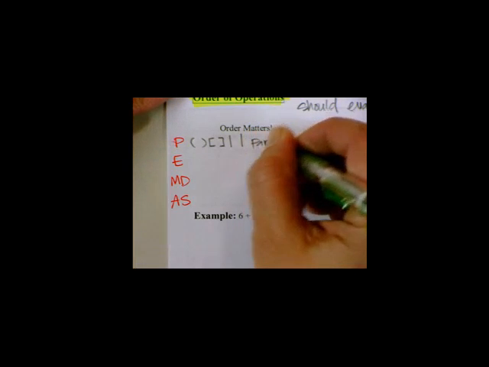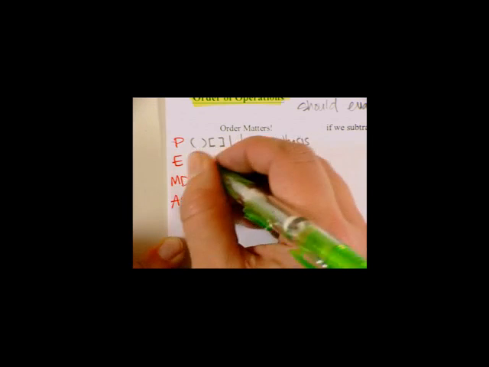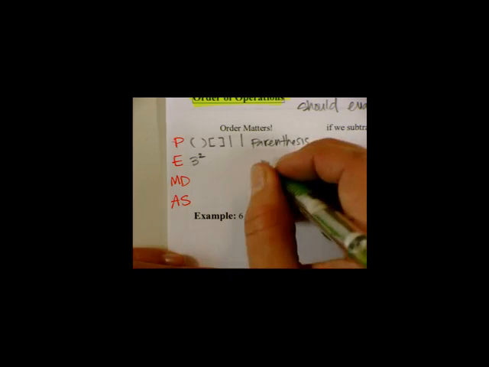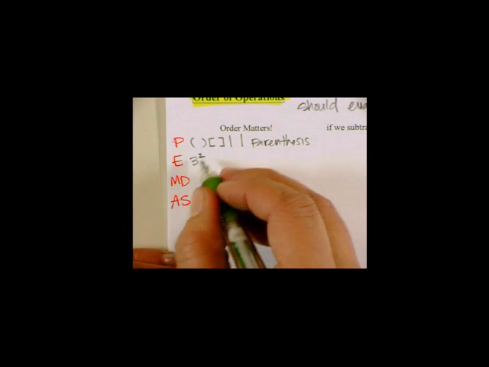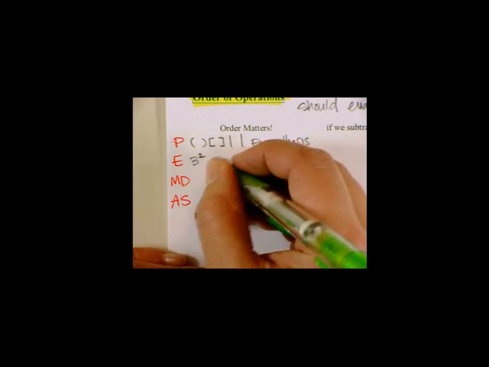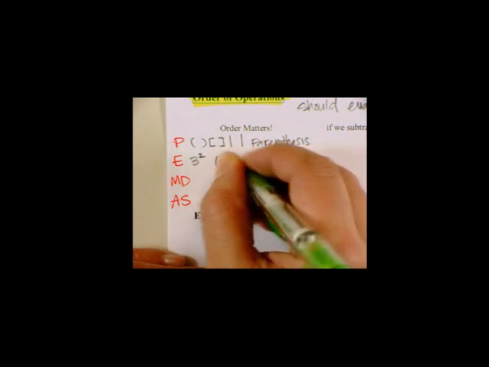But in general, P stands for parentheses. You always want to evaluate your parentheses first. So if you have parentheses, simplify the inside of them as your first step, always. E stands for exponents. That might be 3 squared. After you simplify the inside of parentheses, you're going to deal with your exponents. That might be something like this, negative 3 squared.